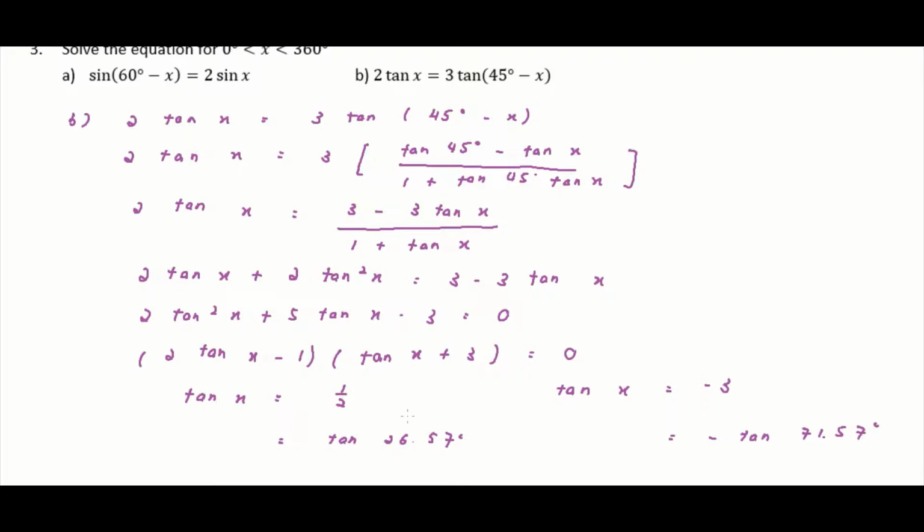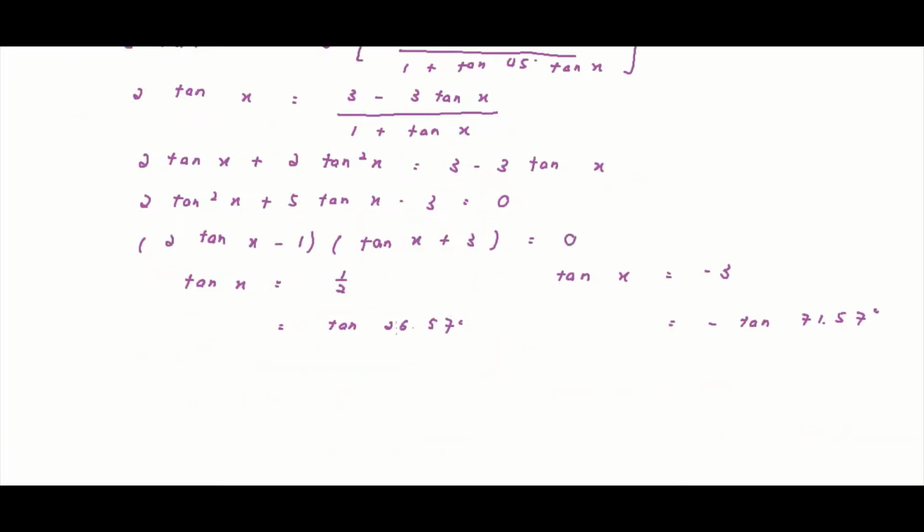Okay, so tangent positive is quadrant 1 and 3. So I do not write the working anymore, I'm just going to write the answer. So third quadrant meaning 180 plus, so I should get 206.57.